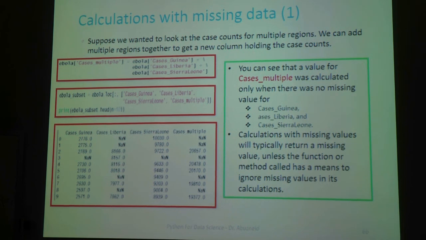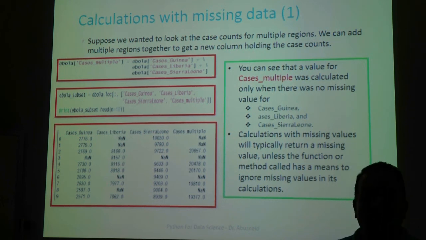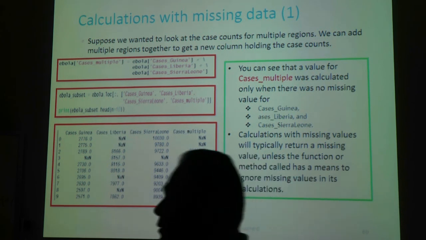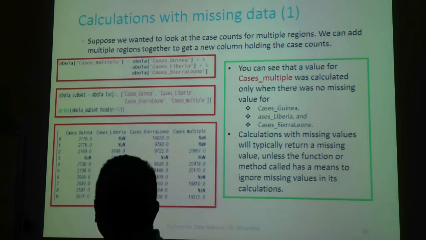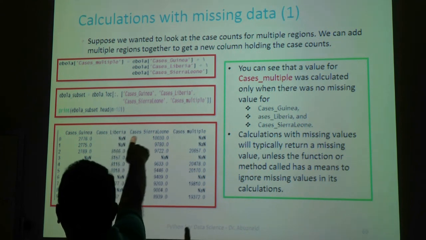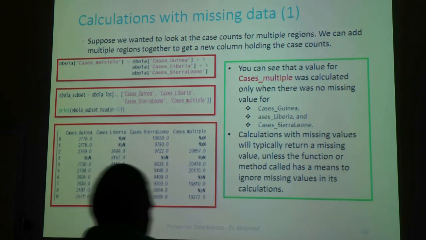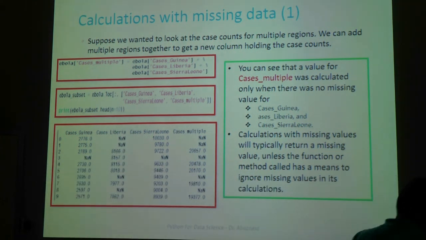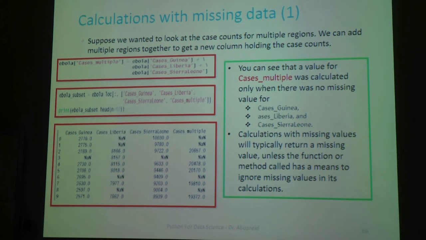Anyways, you got the idea. So, where is the problem? The question is, where is the problem in keeping the missing values? For example, take the example there. We are adding here.